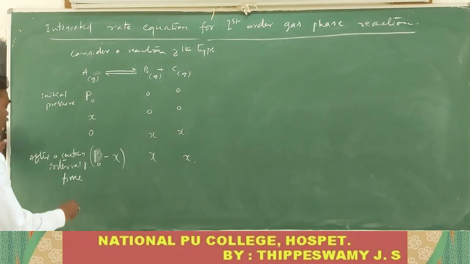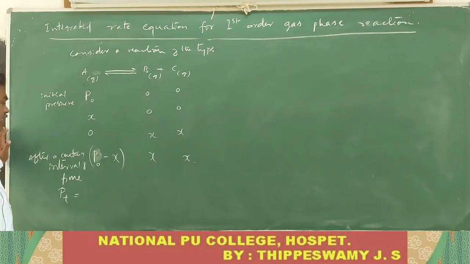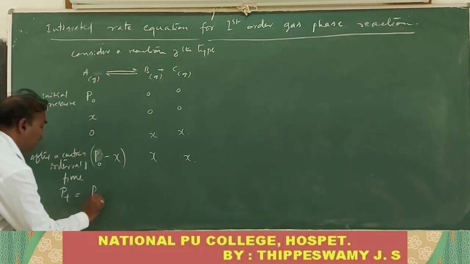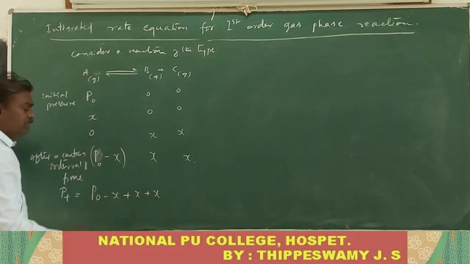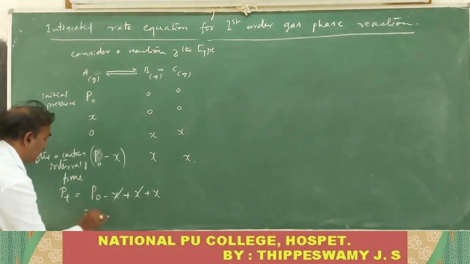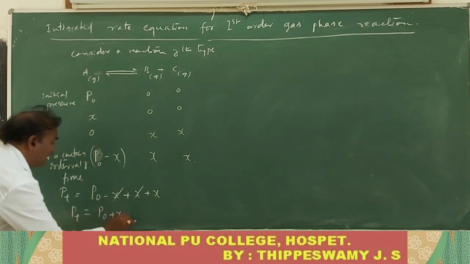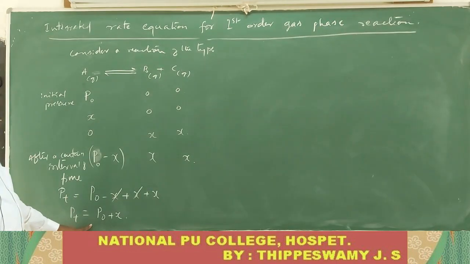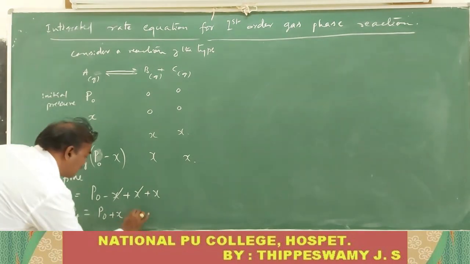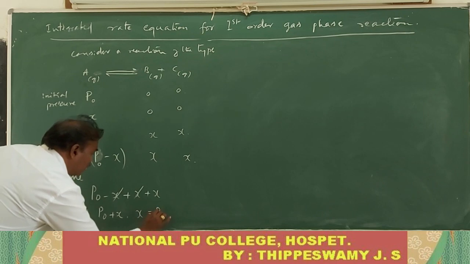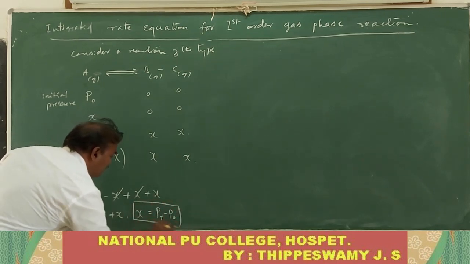Then what is the total pressure? P total is equal to P naught minus X plus X plus X. Here minus X and plus X get cancelled, so P total is equal to P naught plus X. By using this relation, X is equal to Pt minus P naught.